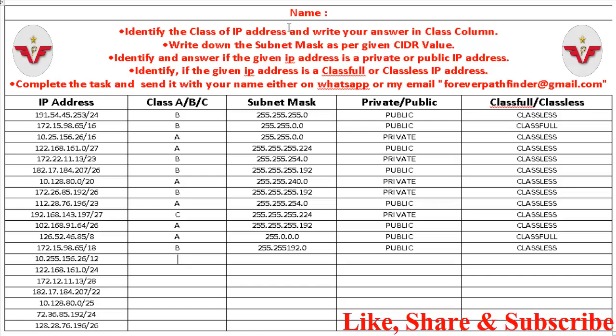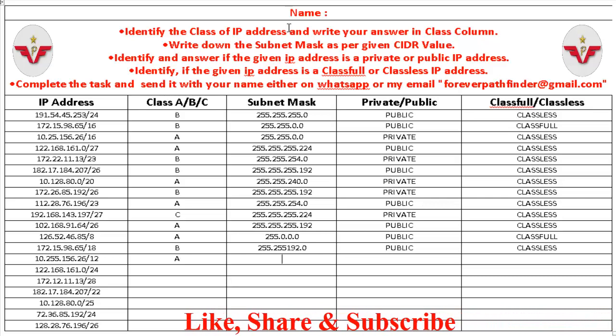Here we have 10.255, class A, and subnet mask 12 bits, 255, 8 and 4. 4 means 240.0.0. Is it public or private? It's a 10, so it's private. Is it classful or classless?